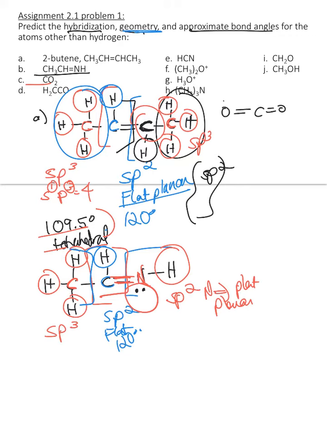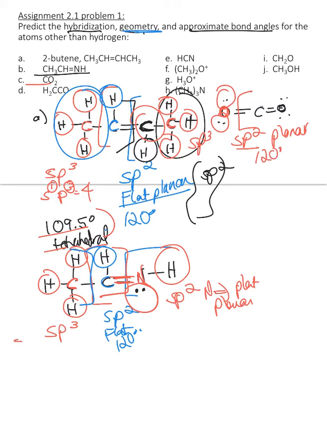Okay, C, carbon dioxide. When you draw this Lewis bond structure, you should get this looking molecule here. And the oxygen then takes up 1, 2, 3. So that's oxygen is going to be sp2. Both of them are sp2. And that's going to be planar and 120 degrees.